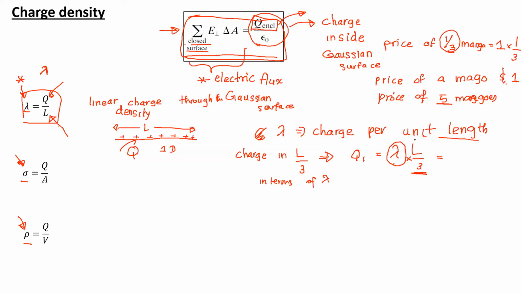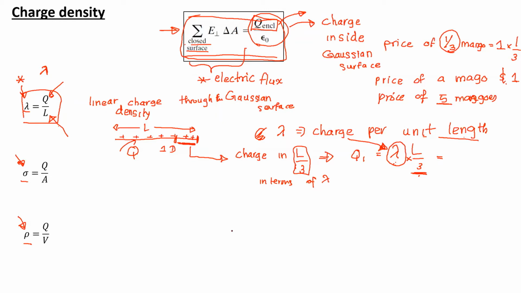The same thing: you multiply the density by the length, so you get the total charge in this small part. So let's say this is your L over 3. You get the charge in this part. Okay.